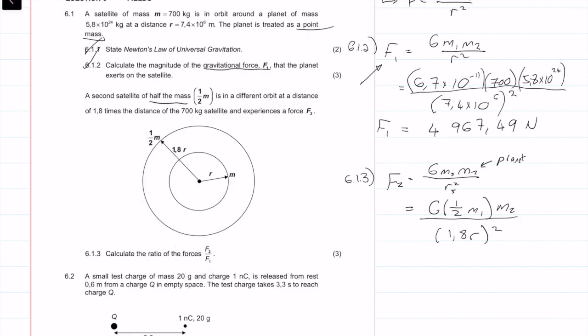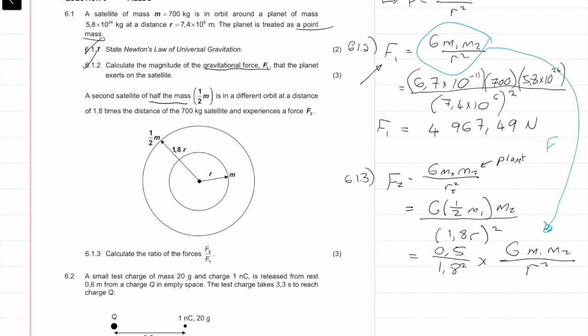Then if I plug that in, I get 0.5 over 1.8 squared times G m1 m2 over r squared. Okay, and if we look at this, these two things are exactly the same, and this is F1. So what we can say is F2 is equal to 0.5 over 1.8 squared times F1.